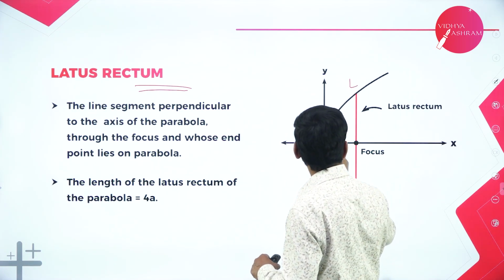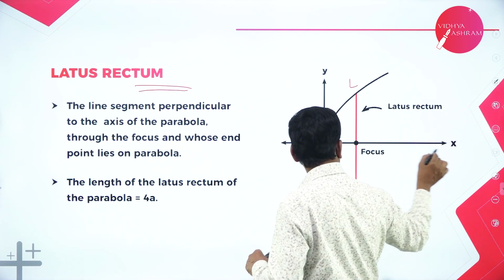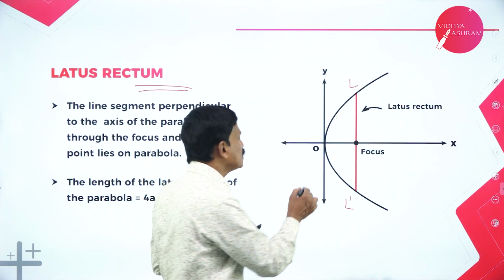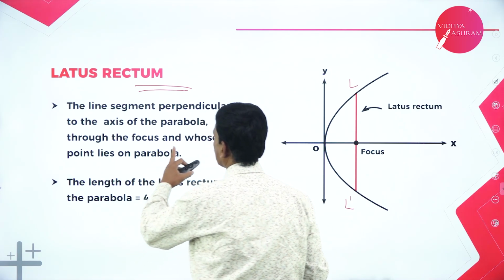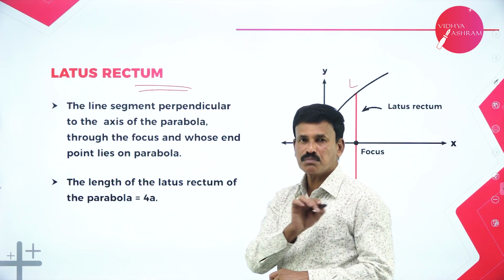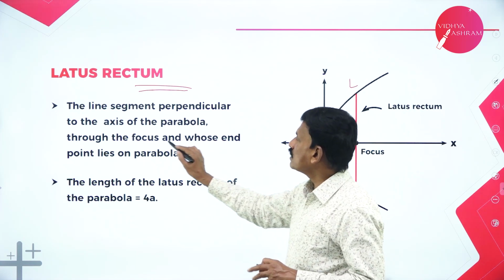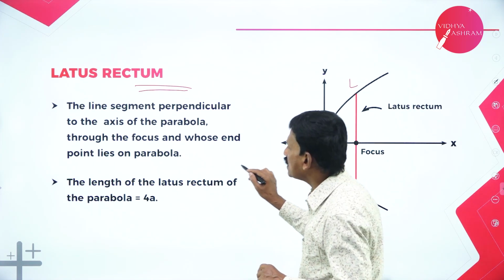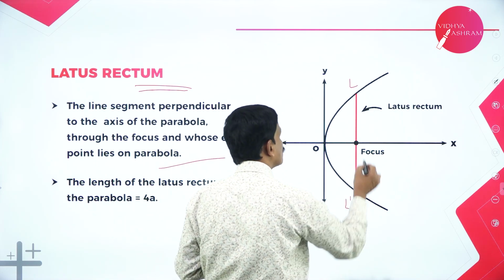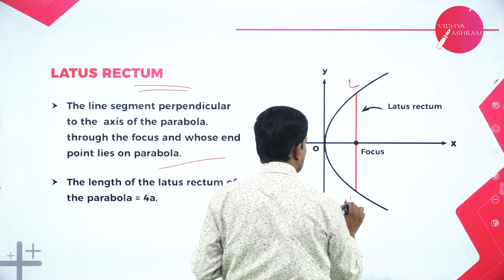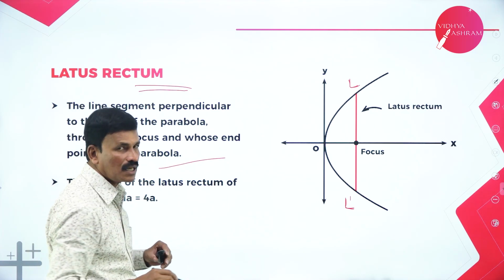So, this is the axis, the x-axis, and this is the line segment which is perpendicular to the axis of the parabola, through the focus, and whose end points lie on the parabola. That is called the latus rectum.